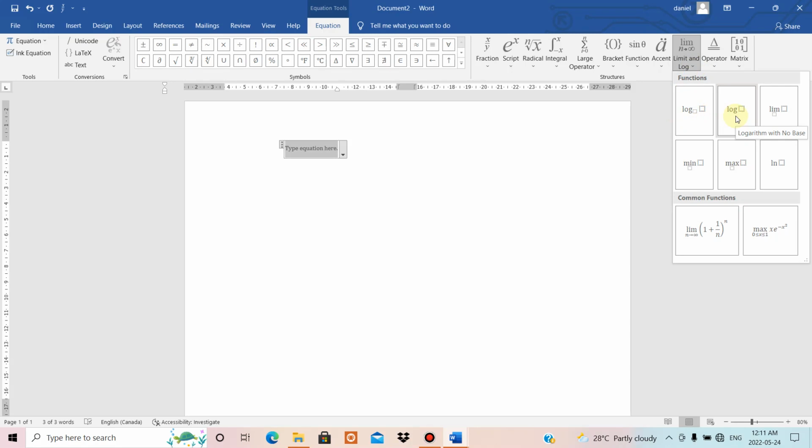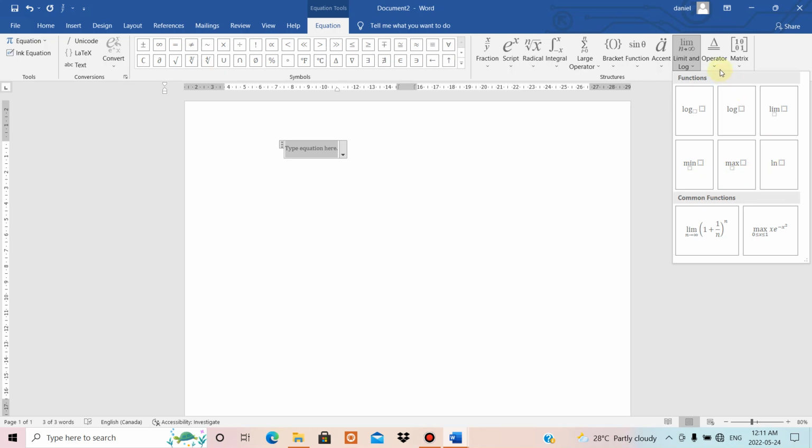Usually we assume a logarithm with no base to have a base of 10. We have lim, the limit, and you have minimum. If you want to express a minimum or a maximum in an expression, you can find them at Limit and Log.